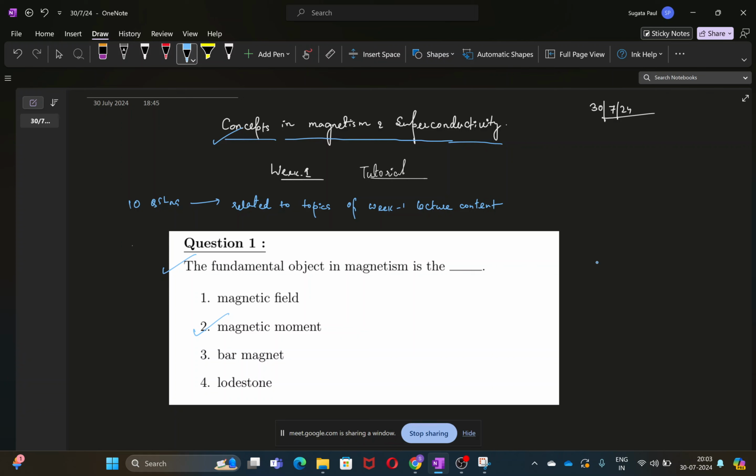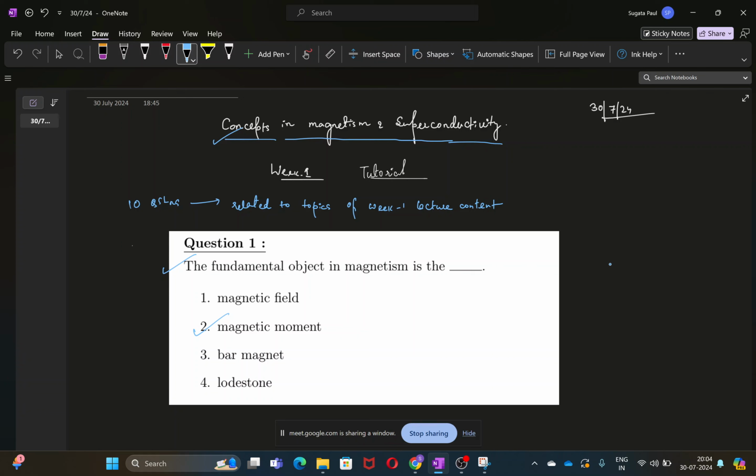So what is magnetic moment? Magnetic moment has some atomic scale origin. In a material, which consists of many atoms, every atom individually can have a magnetic moment, and that is what defines magnetism in the whole material.